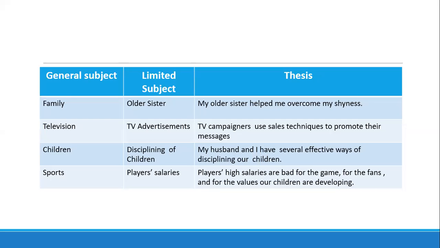You will have to provide the evidence of how it affects the game and the fans, and then you have to prove with the help of examples and evidence, even historical facts or anything, how this is affecting our children's values.